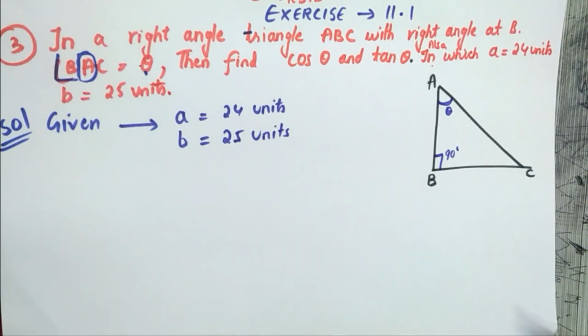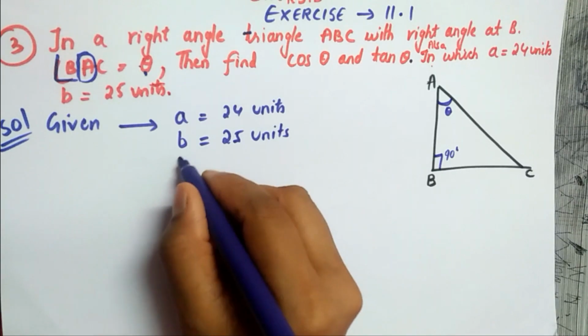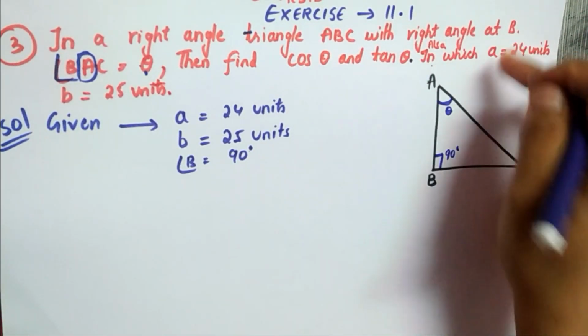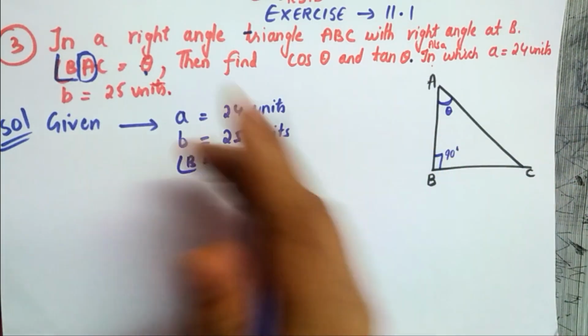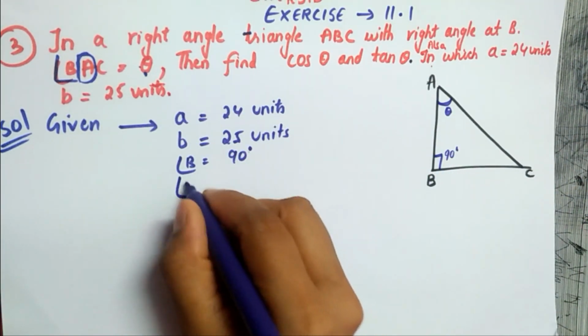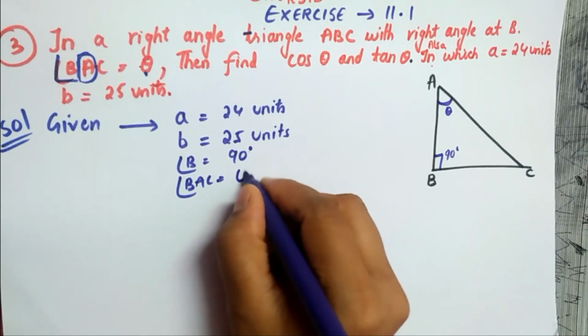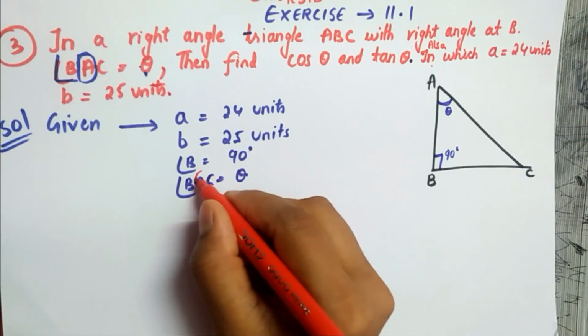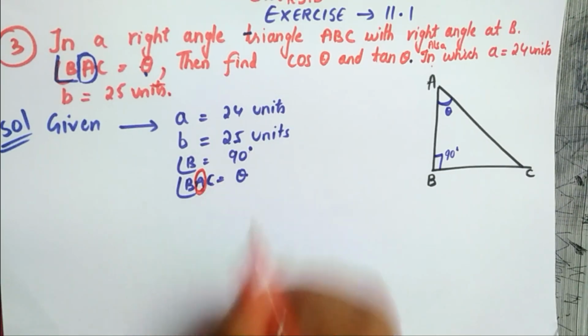Okay, and angle B is equal to 90 degrees. That means in a right angle triangle, at angle B it is 90 degrees. Angle BAC is theta. Whenever a problem gives it this way, the middle alphabet will be our theta.